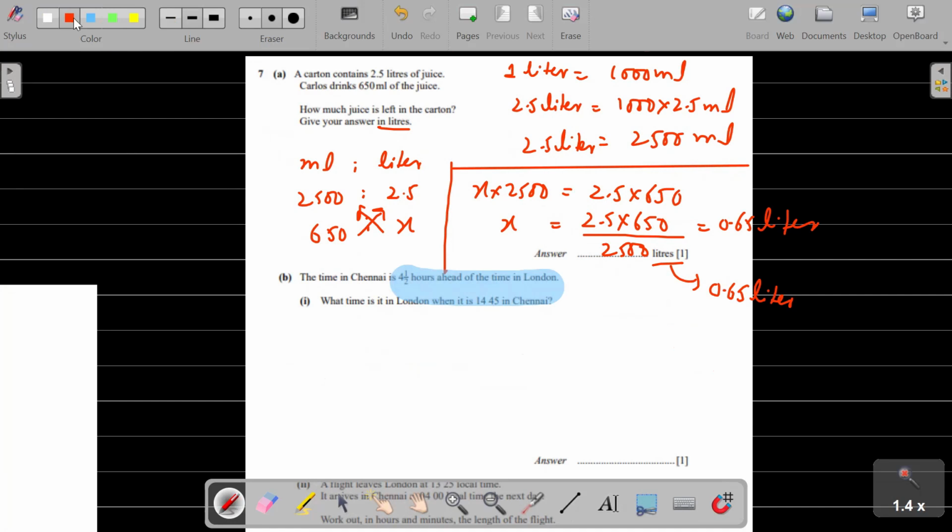So let's do it. Hours, minutes. When it is 14:45, let's subtract 4 and 30. By subtracting, we get 10 and 15. So it will be 10:15 in London.